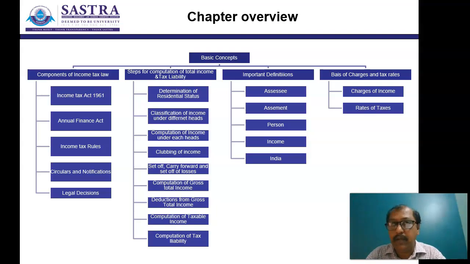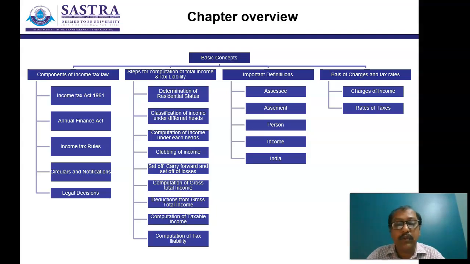Basically, it will be amended once in a year at least. Maybe when there's a change in the Annual Finance Act, the Annual Finance Bill, the rules and regulations might change, so we will have to know about the income tax rules.